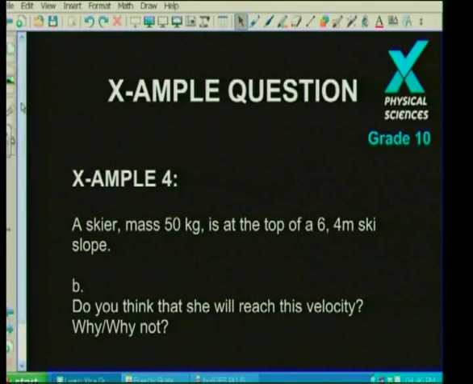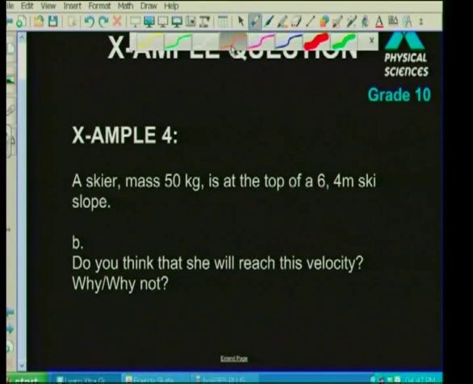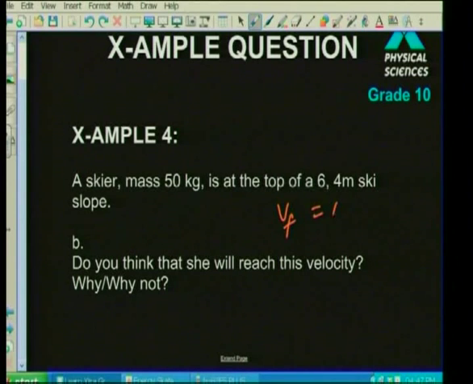Now, next question. Do you think she will reach this velocity, which we've just worked out to be 11.2 meters per second?